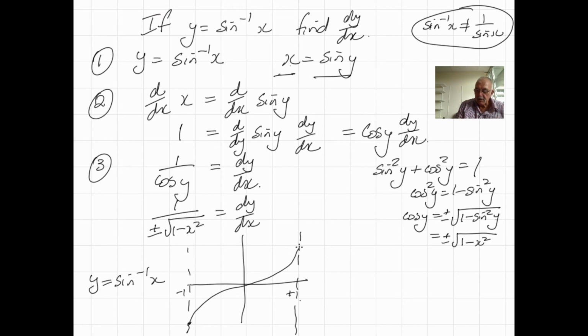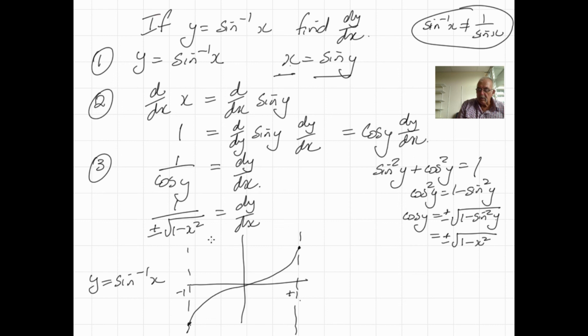It goes from minus 1 to plus 1 because x has got to be the value of what the sine of the angle is, and the sine function oscillates between minus 1 and plus 1. So for the inverse function, the x values must be between minus 1 and plus 1.